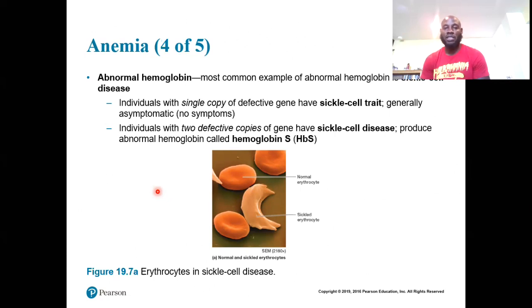Sickle cell is an abnormal hemoglobin. It's abnormal shaped. Remember, hemoglobin is what makes up the majority of the inside of a red blood cell. And you have these sickle-shaped cells which have an abnormal hemoglobin in them.